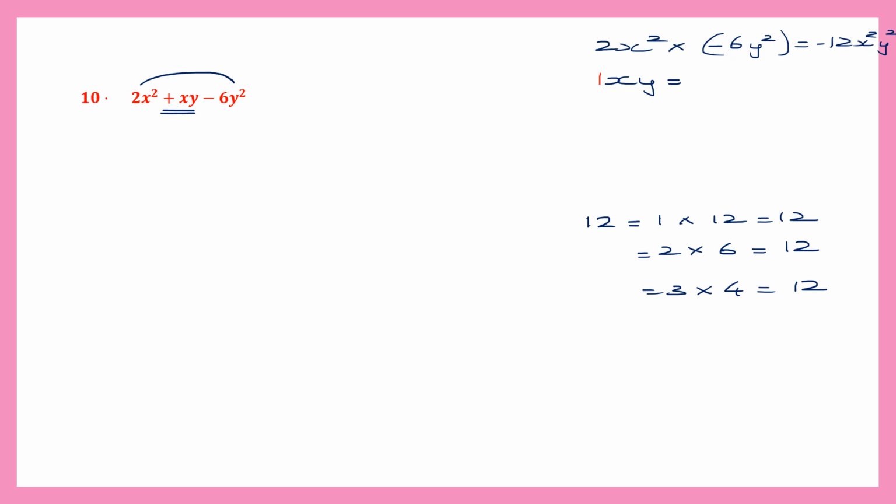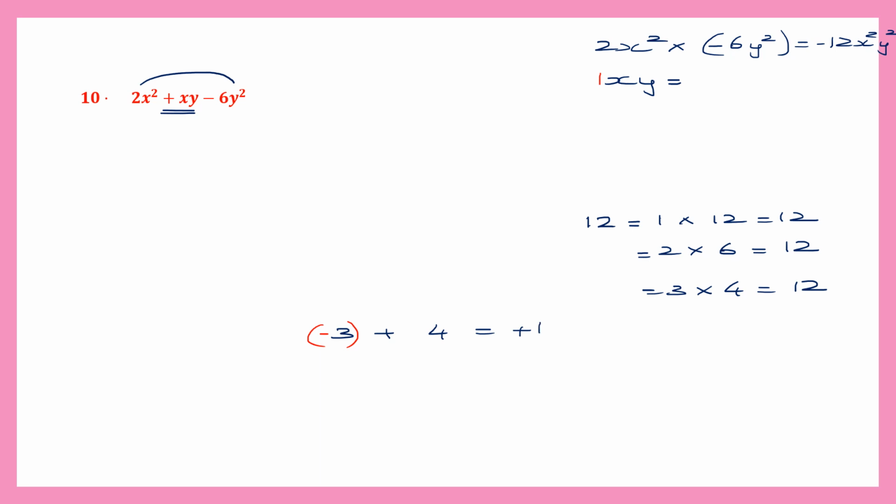Now 3 and 4. Let's take these two numbers, 3 and 4. If I take 3 plus 4, what do I get? 7. What should I get? I should get 1. So how can I change this in such a way that I get 1? If I change the sign of this number, minus 3, I can make it minus 3 plus 4. What is my answer? Signs are different, so I put the sign of the bigger number and subtract: 4 minus 3 is 1.